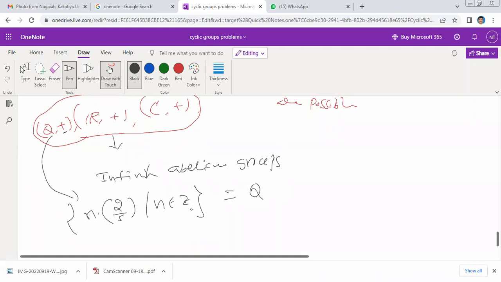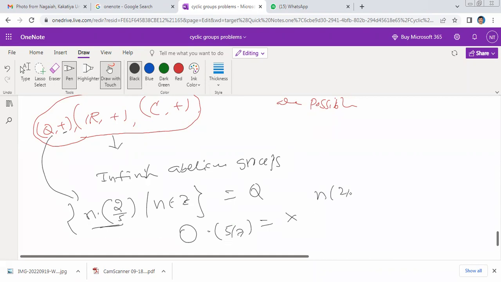All the rational numbers? No. Suppose I want to find 5/7. Will I get it here? I want the rational number 5/7. By which number should I multiply to get 5/7? It's not possible. If you take n equal to 1, 2, 3, -1, -2 like that, this does not give this number.